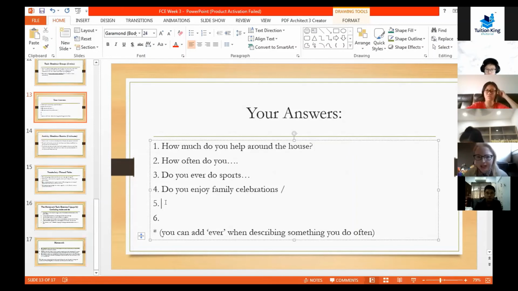What about number 5? Can someone please unmute your microphone to give me the answer? I think it's a bit of a strange question, isn't it, number 5? Was anyone able to answer this? Just remember to click unmute on your microphone because I can't hear anyone at the moment.